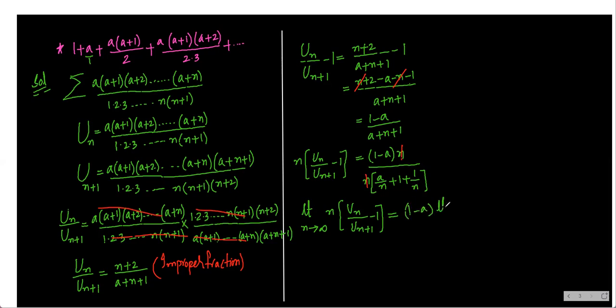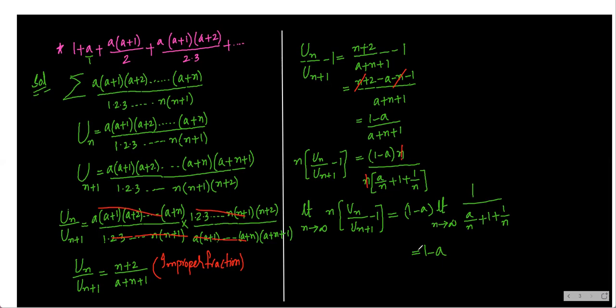Limit n tends to infinity, 1 by n, a by n, plus 1 plus 1 by n. So these two terms, 1 by n and a by n, will become 0. What we are getting? 1 by a only we are getting, right?